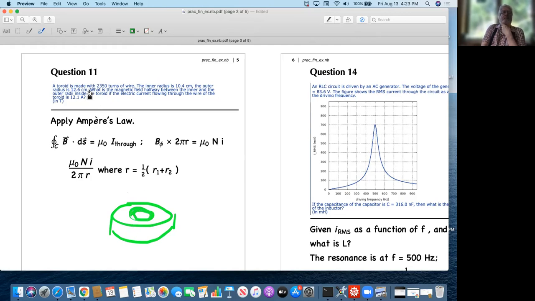And now there's a winding of wires around the donut. So let's put the coils of wire in a different color. So there are coils of wire here. And it comes down and comes back.